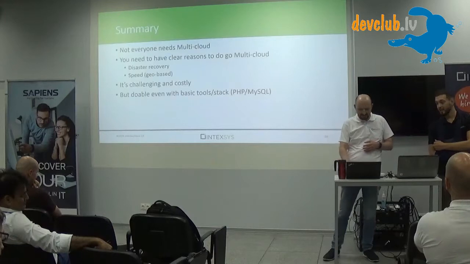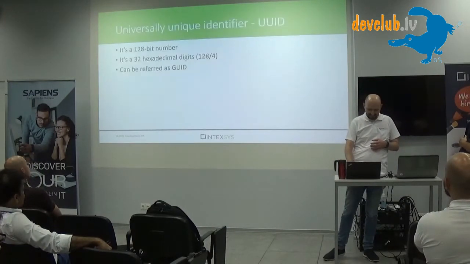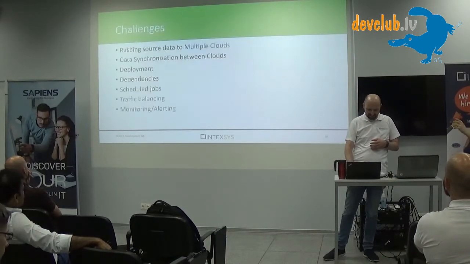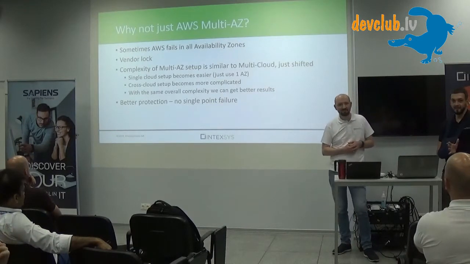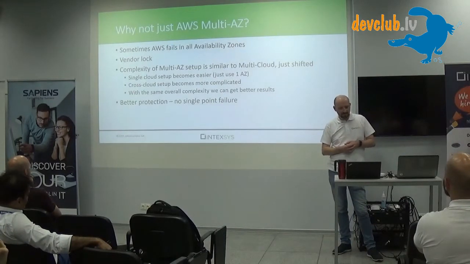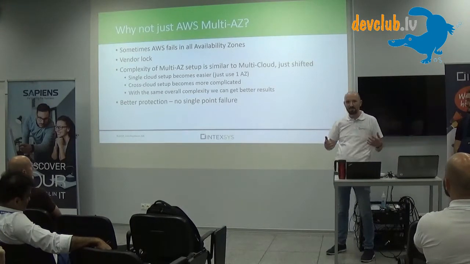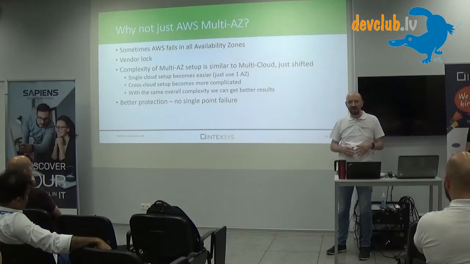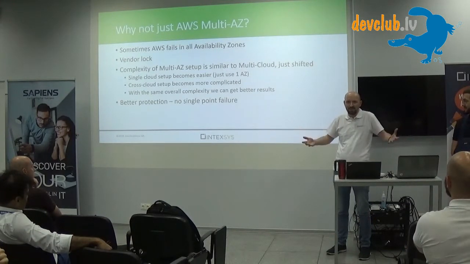There was a slide about that. Usually an availability zone fails, but there were cases when the whole region failed. Not only because of that: with the same level of complexity as setting up a multi-availability-zone setup in AWS, we can do multi-cloud, which is better.